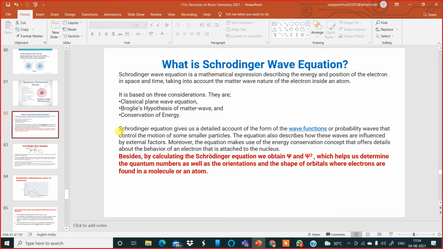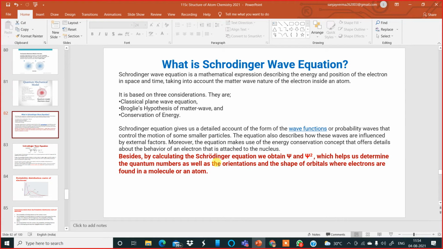Now, the Schrodinger equation gives us a detailed account of the form of the wave functions or probability waves that control the motion of smaller particles. The equation also describes how these waves are influenced by external factors. Moreover, it makes use of the energy conservation concept, which offers details about the behavior of an electron attached to the nucleus.